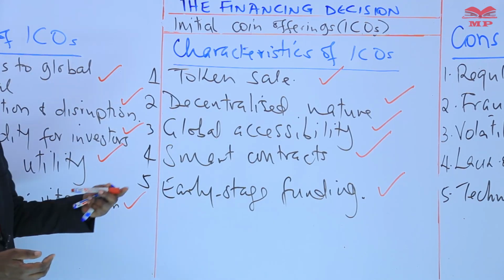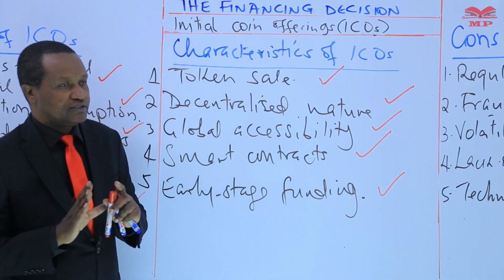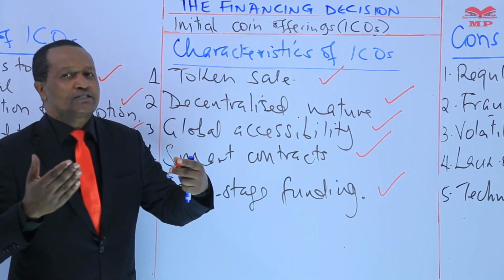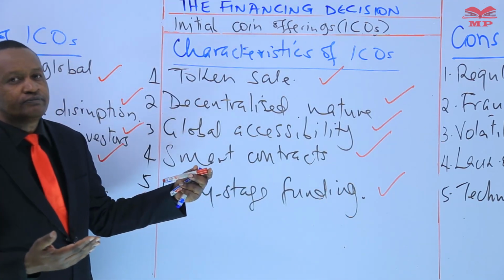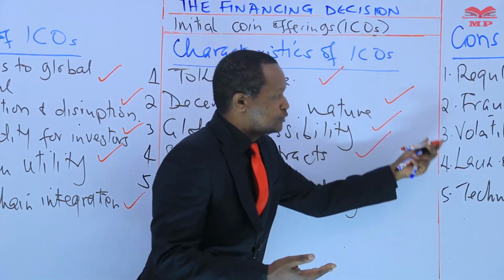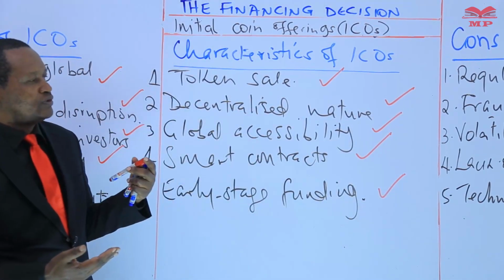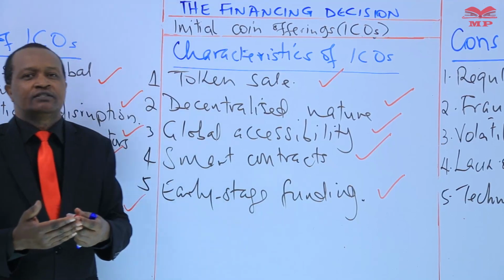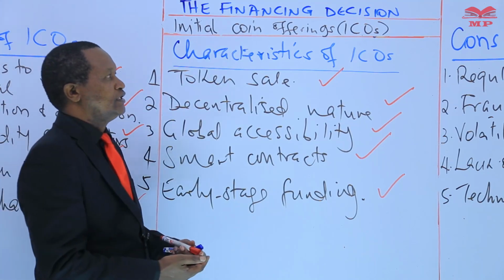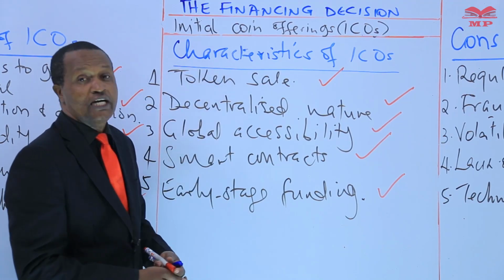However, we've also seen that the lack of regulatory clarity, the susceptibility to fraud, the volatility of cryptocurrencies, the lack of investor protection, and the technological risks pose significant challenges to the companies or individuals intending to raise funds using ICOs.